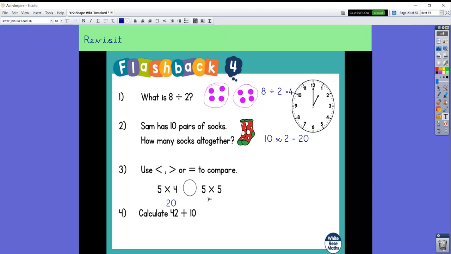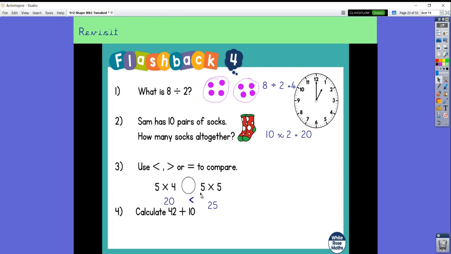What is 5 times 5? 5, 10, 15, 20, 25. So I need to get my less than symbol and pop my less than symbol in the middle there. Make it bigger for you. I'm making it bigger, Mrs. Stevens. There we go, making it bigger for you.